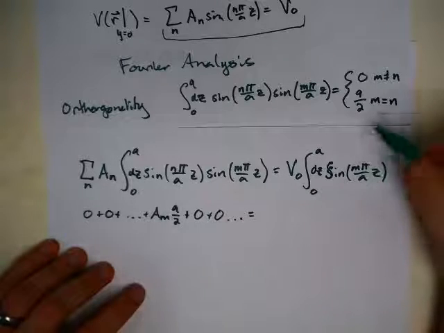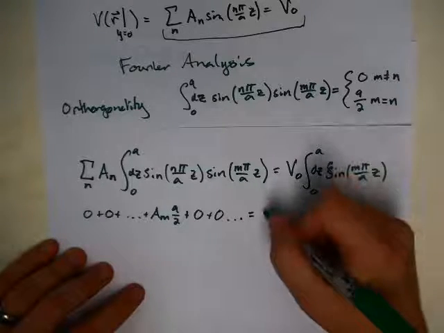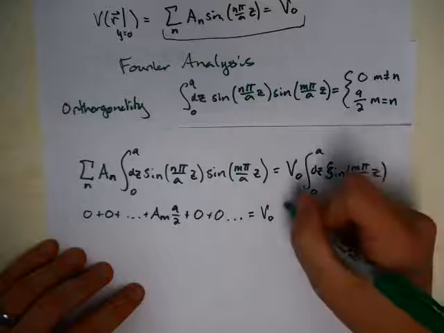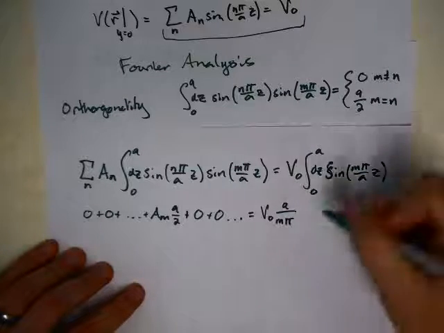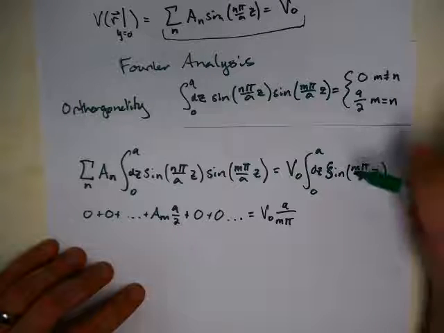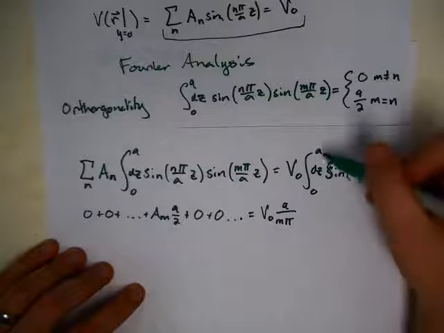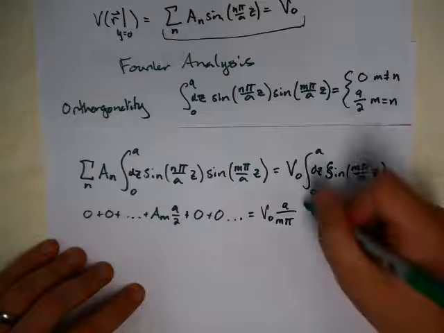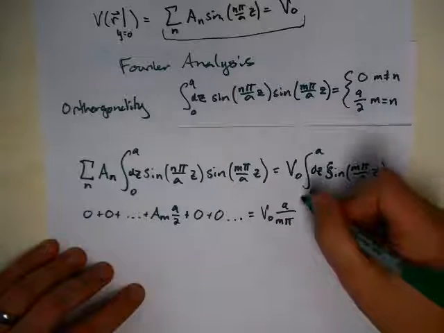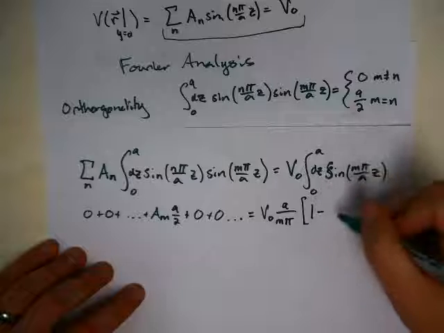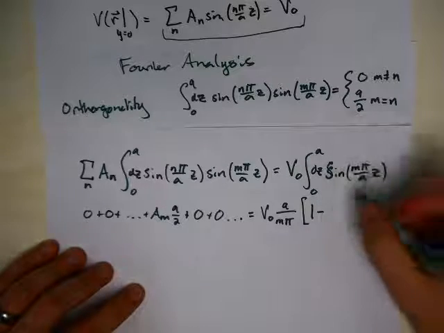On this side, the integral of sine is just cosine, so this is V naught a over m pi, and then it's actually minus cosine evaluated at 0 and a. The minus sign I'm going to absorb and switch my limits, and so this is going to be 1 minus the cosine of m pi, because the cosine of 0 is 1.